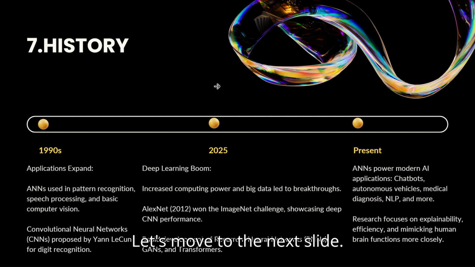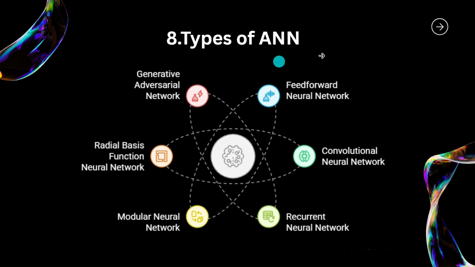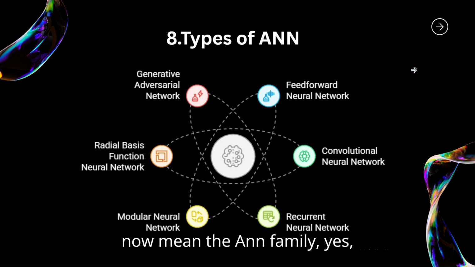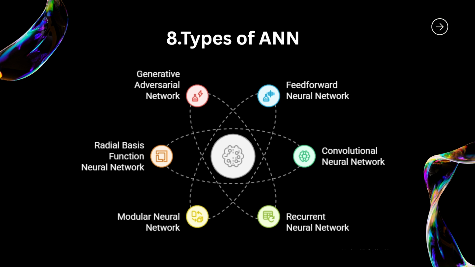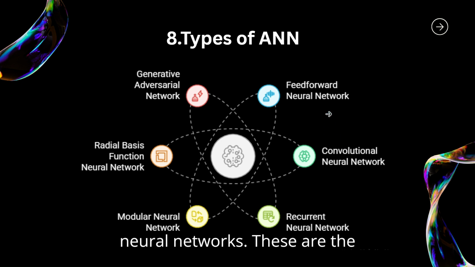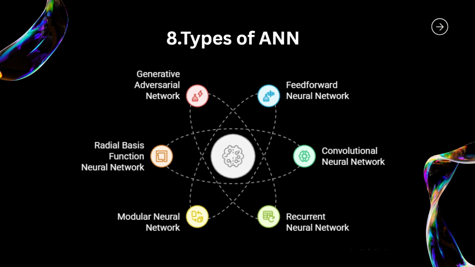Let's move to the next slide. Now meet the ANN family. Yes, these are the types of ANN. Let's see. First, feed-forward neural networks. These are simple, powerful for tasks like classification and regression.